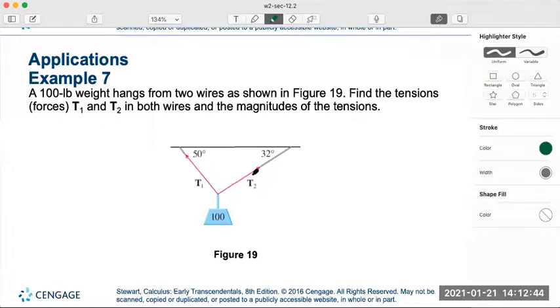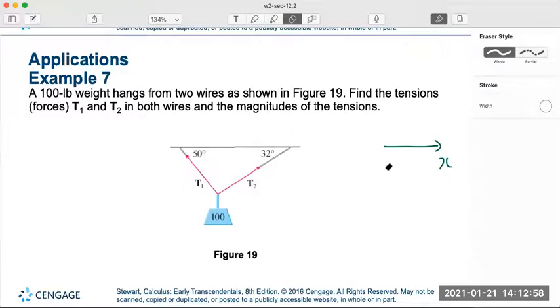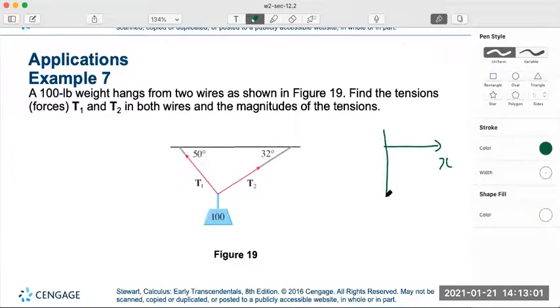Suppose we're considering this in 2D, and this direction we call X, and this direction we call Y. This is O. Any vector in this space we can separate into two components, right?